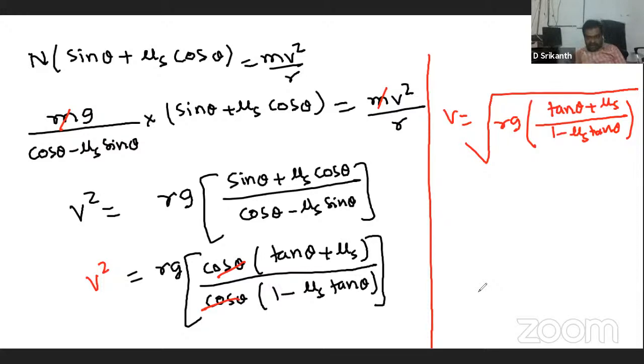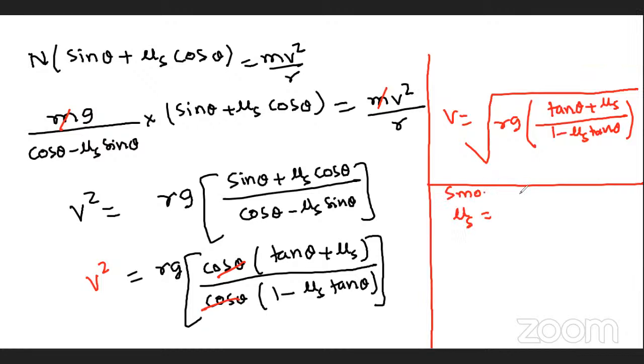Suppose what will be the velocity of an object when it is moving on a smooth surface? On a smooth surface, what is the value of mu s? 0, sir.